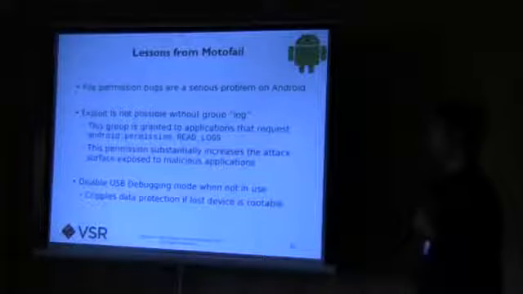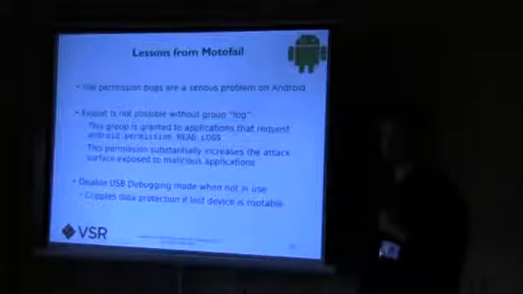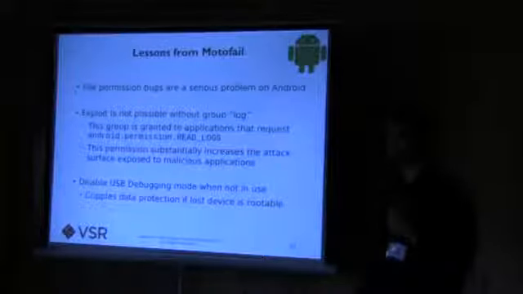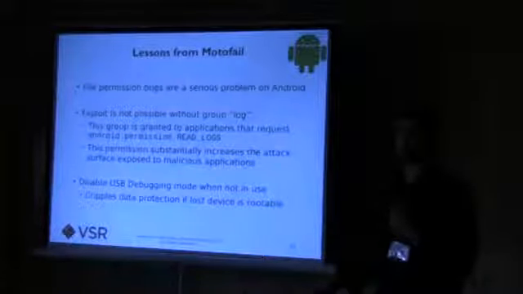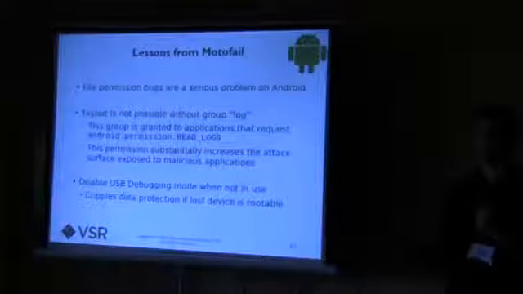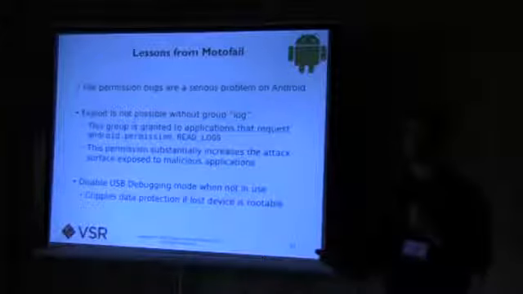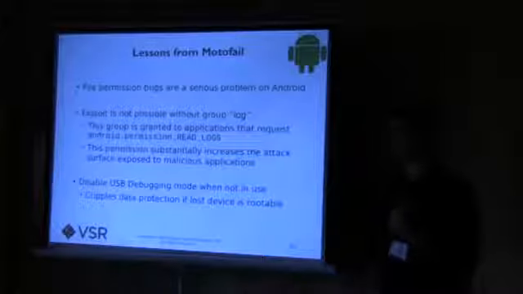So we can learn a few lessons from this. First, file permission bugs are a fairly serious problem on Android. Unlike on iOS, where you have some degree of real sandboxing, where applications are restricted to a fairly confined environment, on Android, the restriction is done by user ID. But there are several directories that are accessible by everyone.